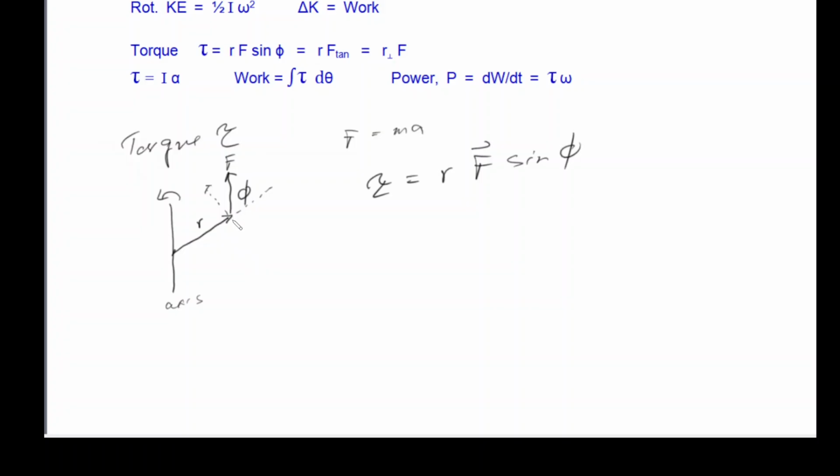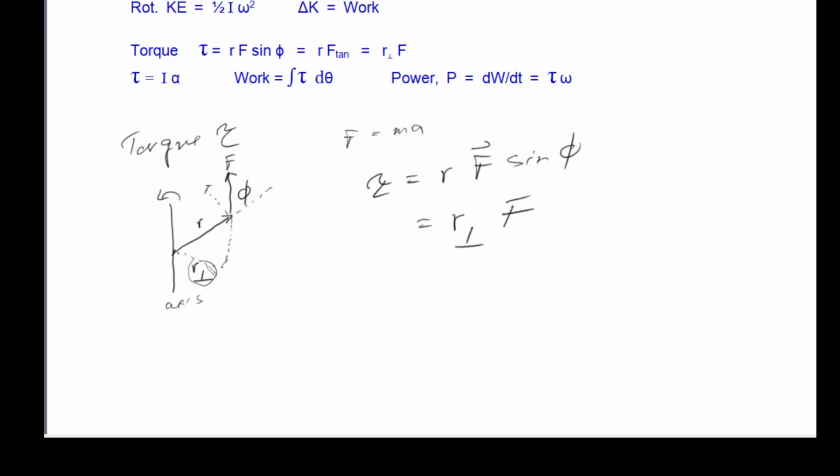Now, if you bring this force back to where it's 90 degrees, and we call this the radius perpendicular to the main force, then you can also determine torque by using that radius perpendicular to the force times the total force.